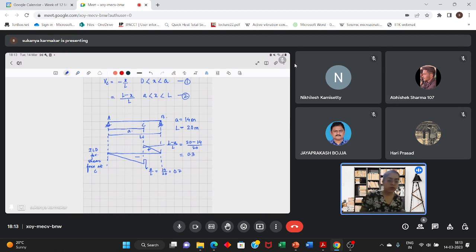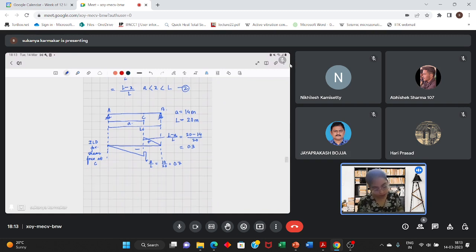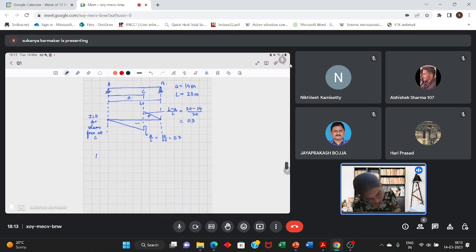So we can also use the Mueller-Breslau principle to draw this shear force diagram. How will we use the Mueller-Breslau principle? What does the Mueller-Breslau principle state? It simply states that you release the restraint.